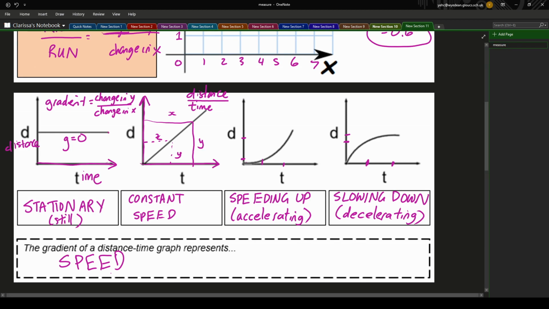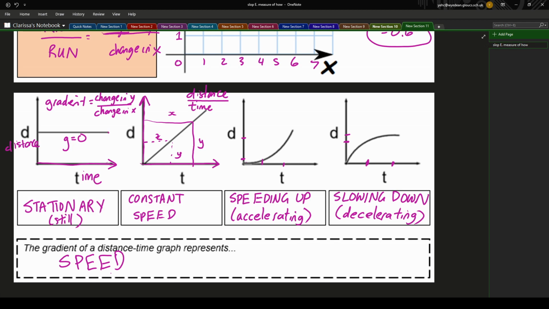Because the y, in our case of a distance time graph, is just distance. Our x, in the case of a distance time graph, is just time.